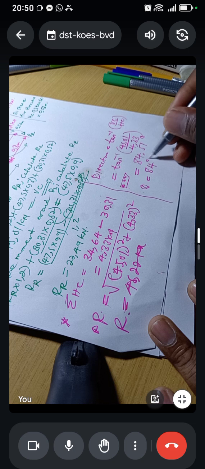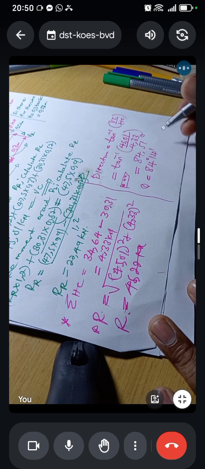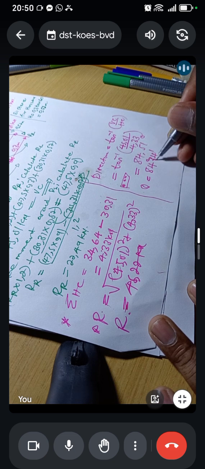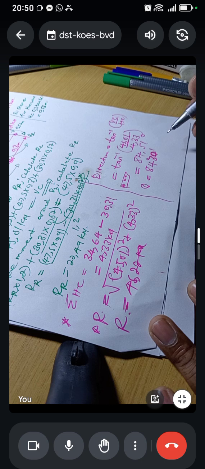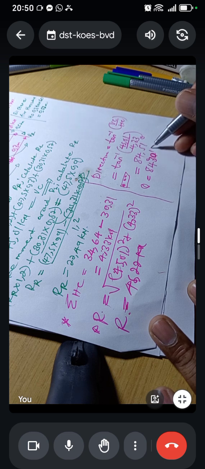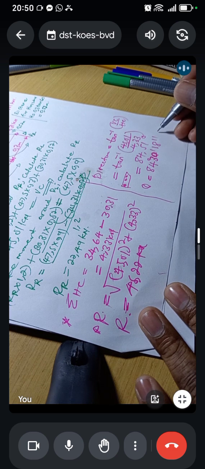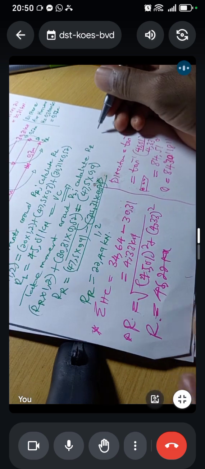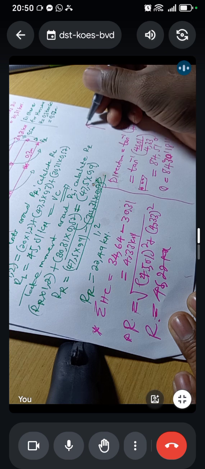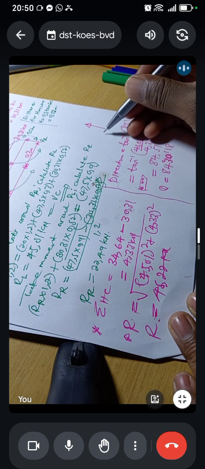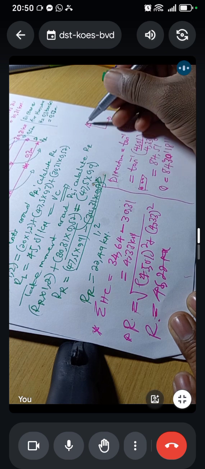So now we have to check direction. We have our VC that is going up like this, and our HC that is going to the right like this. So those who have done N3, if you are having something like this, you have equilibrium and resultant again.